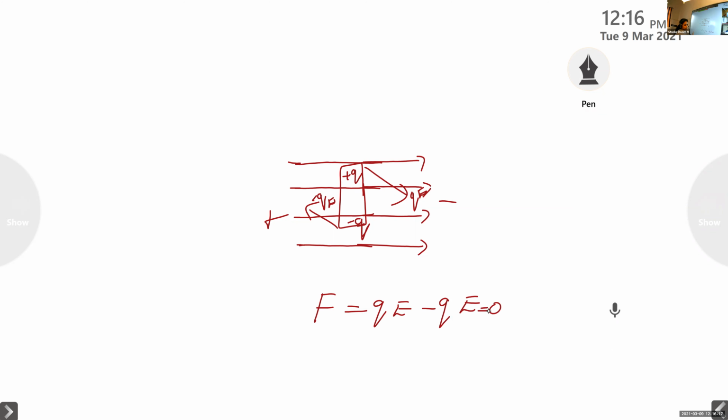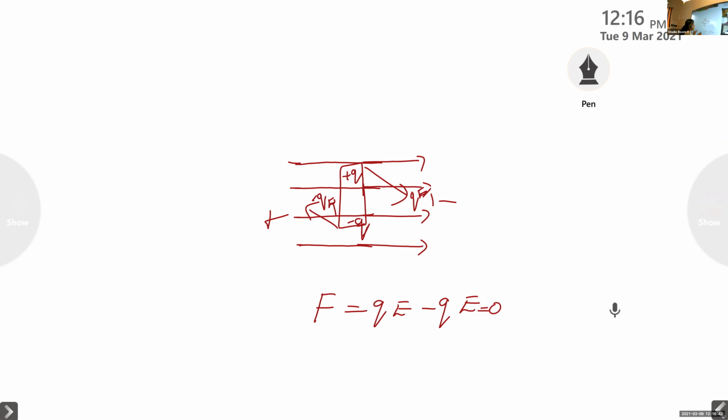Right? Now suppose the dipole is present in a non-uniform electric field, and here the field is not the same. So the force acting on the charge plus Q is given by QE1. And here the field changes, so the force is QE2, because this field is non-uniform.